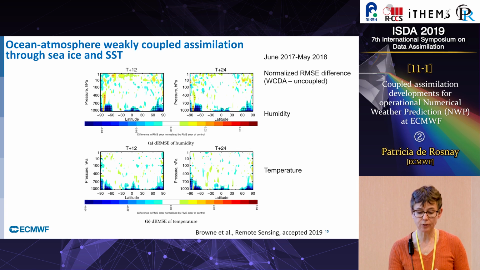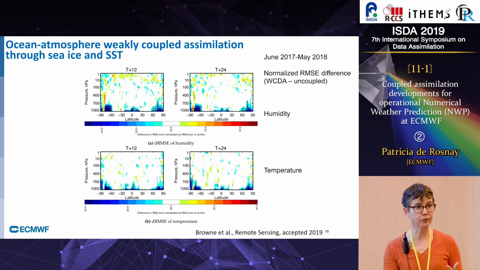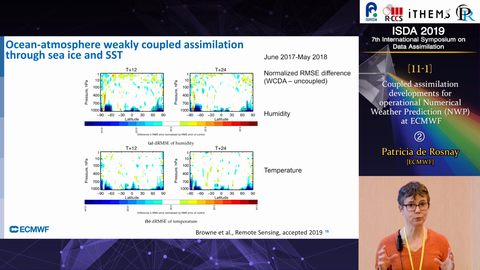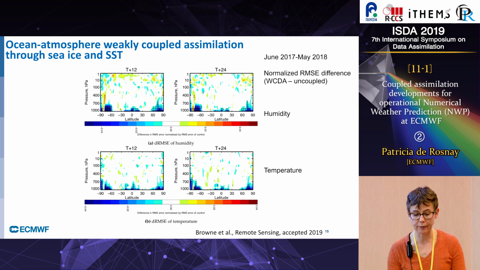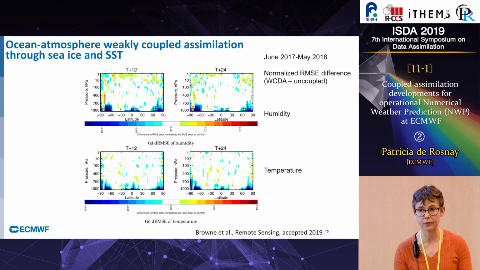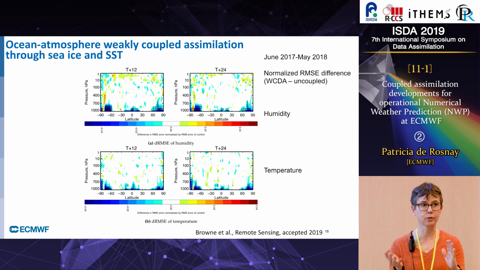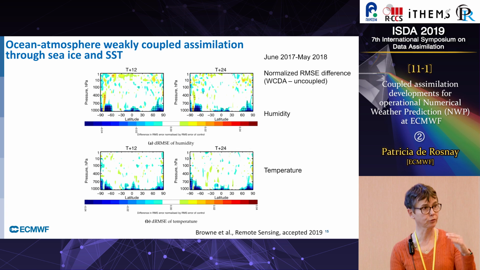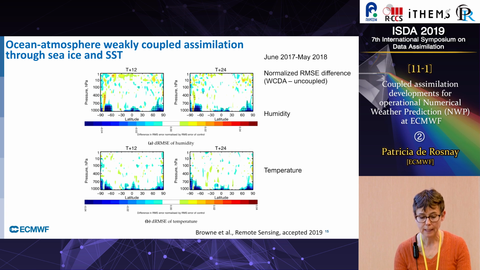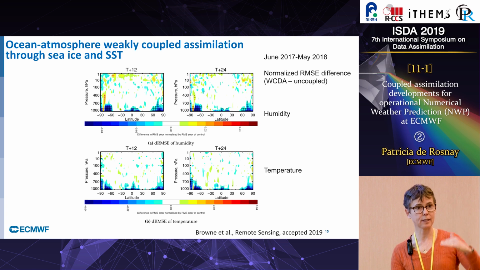The improvement is localized in 3 regions, which are where we do effectively weakly coupled assimilation, which is in the polar areas where we have weakly coupled sea ice atmosphere assimilation, and in the tropics between 20 north-south, where we have the weakly coupled assimilation through the SST fields. And we don't have much impact in other areas. As you can see, it's white. And it doesn't go very high in the atmosphere.